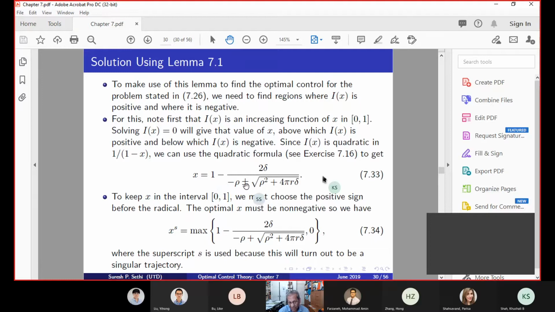So the minus can be easily discarded. So the only solution that is important is the plus solution. And then I only need to worry that the plus solution would not give us a negative value for this first term. So I put 0 here. So we eliminate the solution of x above 1, and by this, we eliminate the solution below 0. So that's our xs.